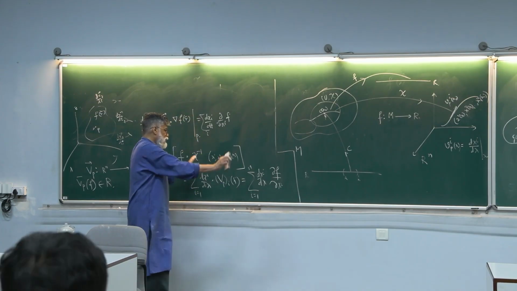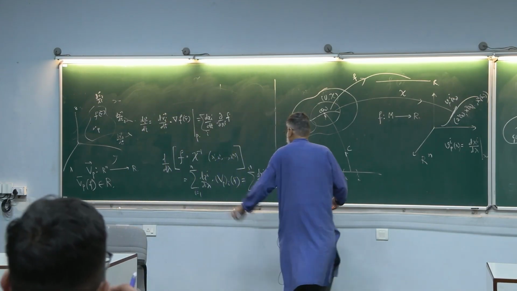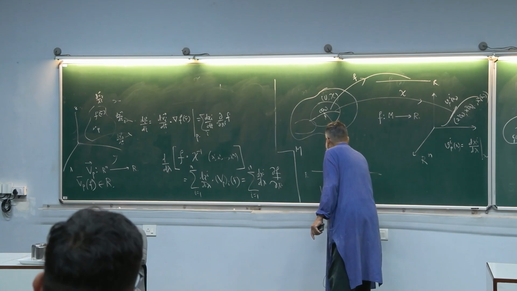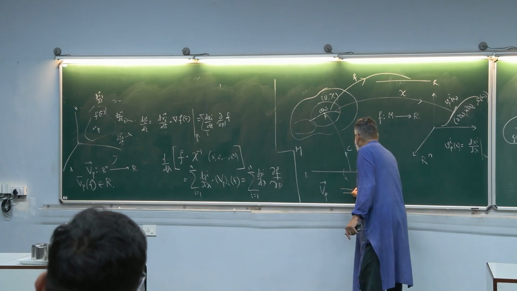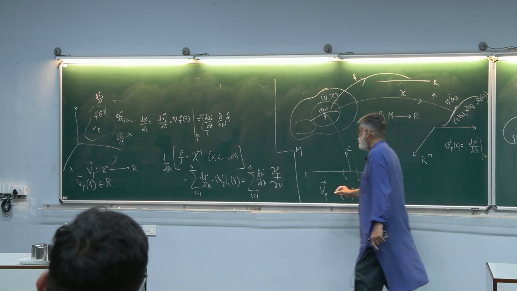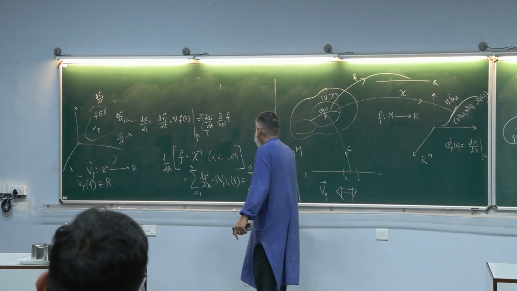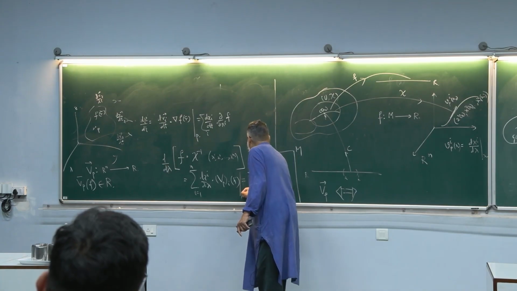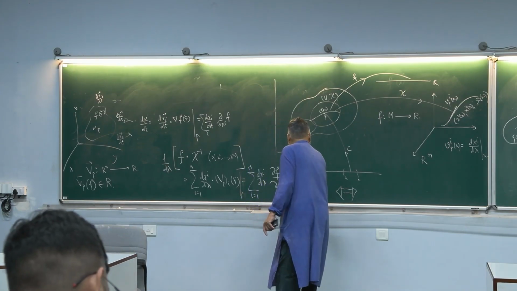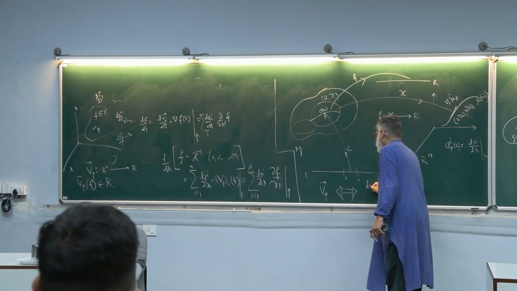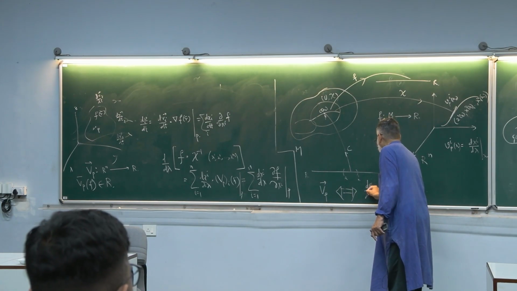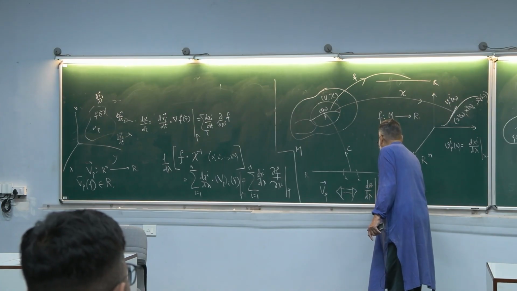So, this essentially tells me that the V_P vector is equivalent to, oh, these are all at point P, by the way, dx^i by d lambda at point P times del by del x^i.